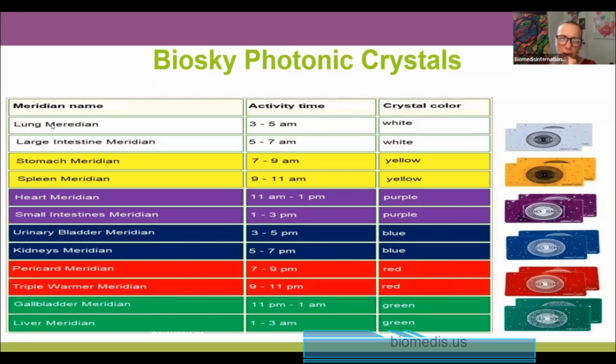For example, the white card, lung and large intestine, is good to use between 3 and 7 a.m. Yellow card from 7 to 11 a.m. Purple from 11 to 3, blue from 3 to 7 p.m., red from 7 to 11 p.m., and green from 11 p.m. to 3 a.m. So each card is more effective in its certain time, because in that time that organ is more active.